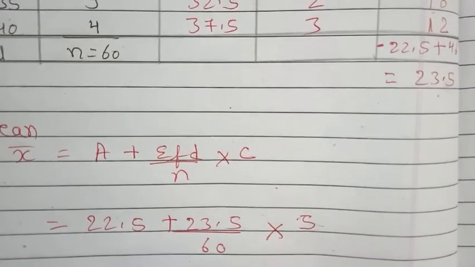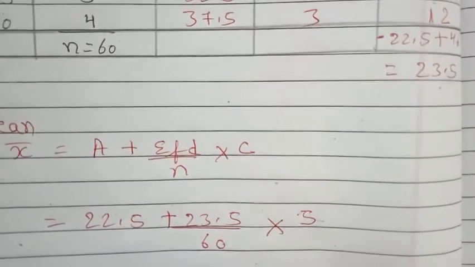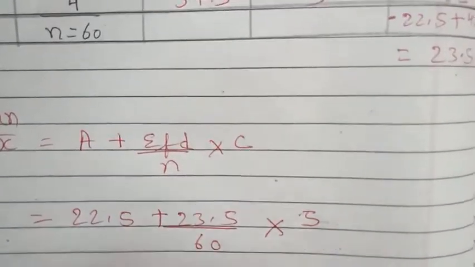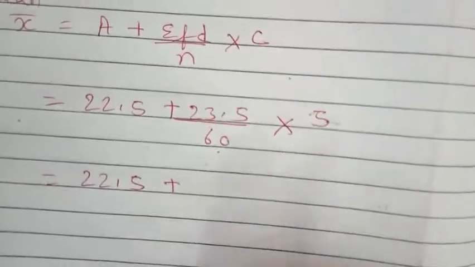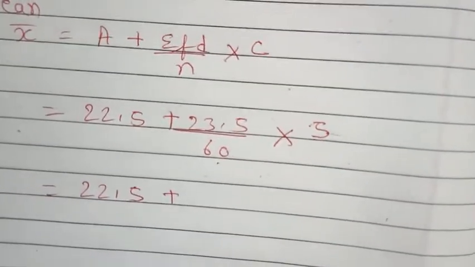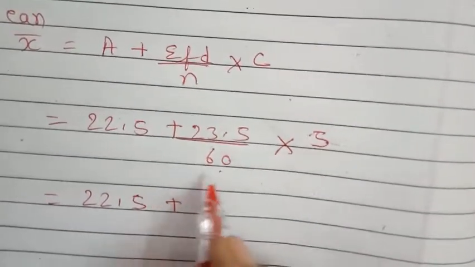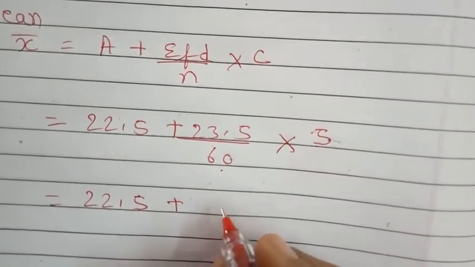So 22.5 plus, now the calculation you can do as per your convenience, 5 and 60. So 60 divided by 5, that is 12.